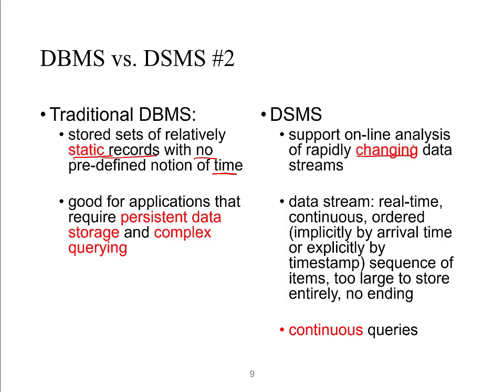Traditional DBMS is good for applications that require persistent data storage and complex querying. But a data stream is a real-time, continuous, and ordered sequence of items, which is too large to store entirely.